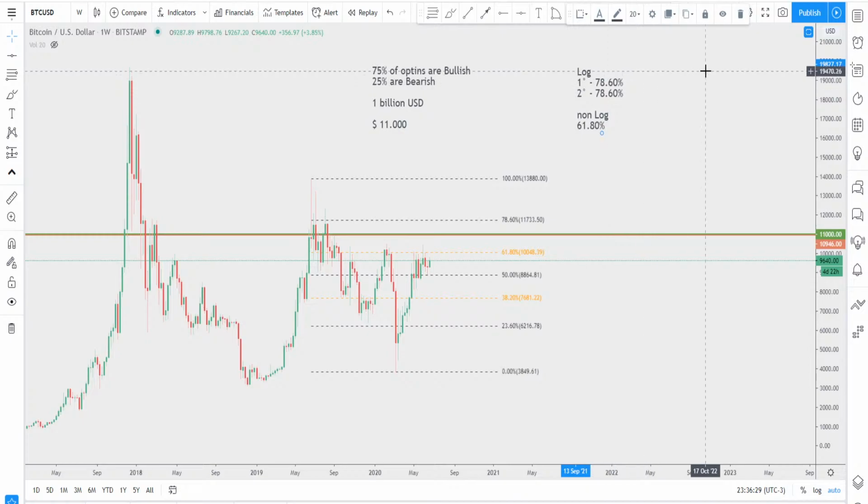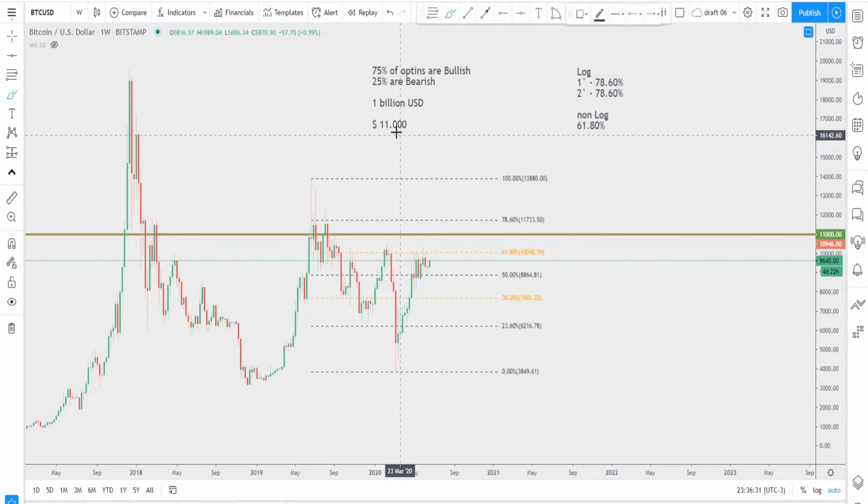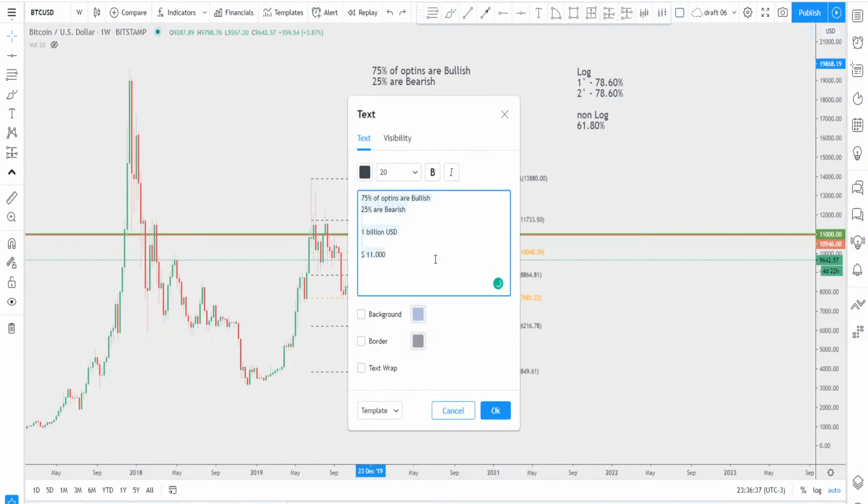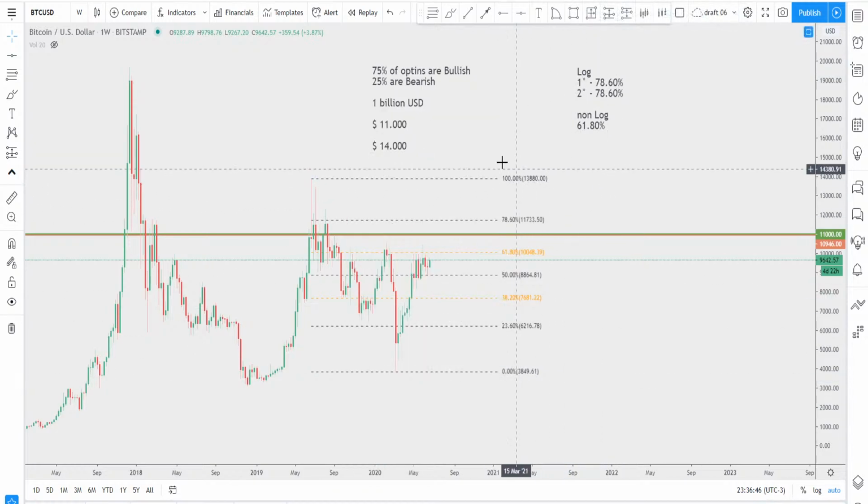So if they are able to make it to 11K, the next level that's going to be triggered will be, I don't remember exactly, but it's 14,000 and a few dollars.